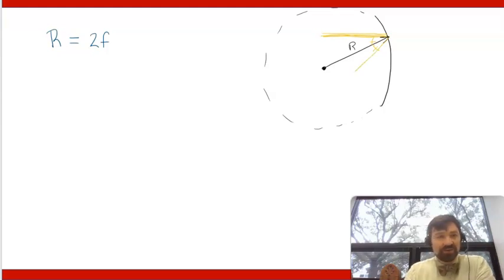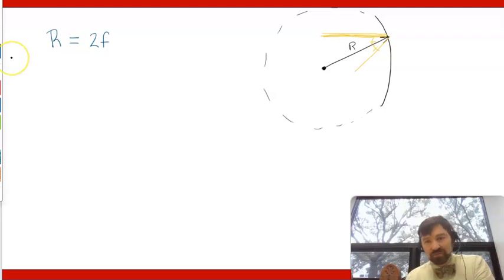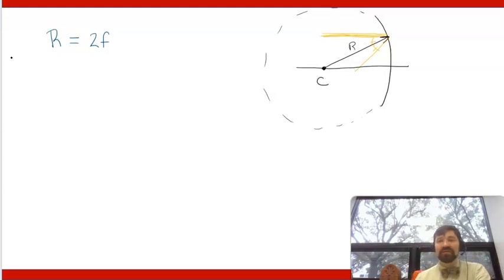Now my focal length is essentially where this ray should be crossing through the axis that runs through the center point and this point that we might call the vertex location. And so this right here would be my focal length.